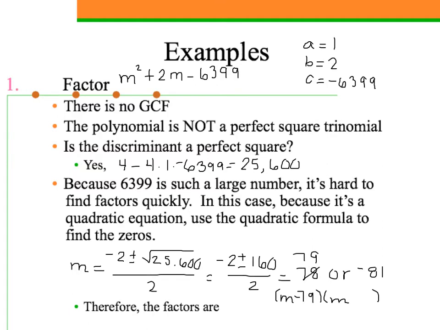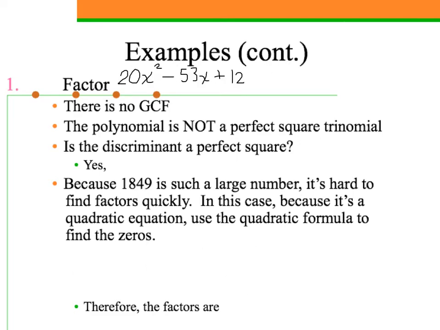And again, that's because if I replace the m with 79, that factor would come out equal to 0. I have a zero at negative 81, so I have a factor of m plus 81, because if I replaced m with negative 81, that would equal 0. So our factored polynomial is m minus 79 times the quantity m plus 81.